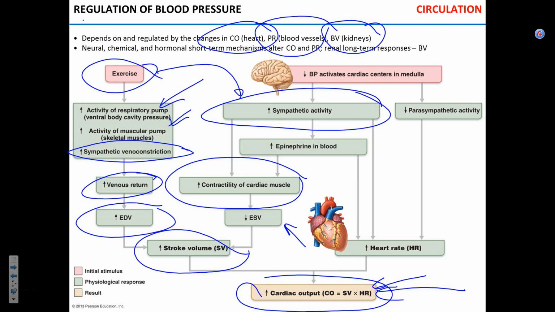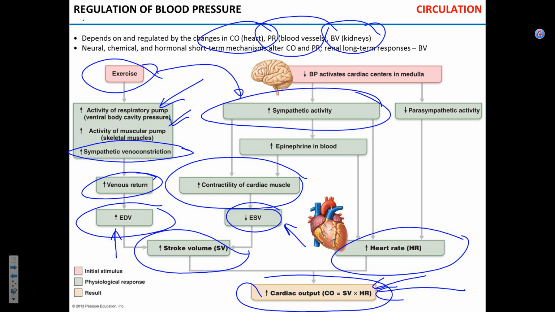So when you exercise, you increase venous return, which increases EDV. You increase contractility, which lowers your end systolic volume, and your heart rate goes up. Except for the venous return, you can achieve the same if you just shoot epinephrine.